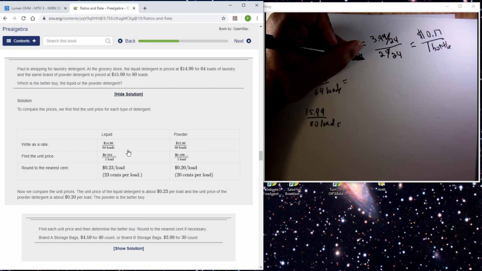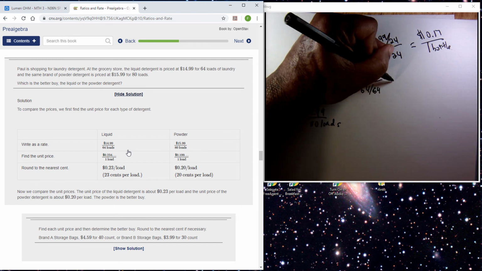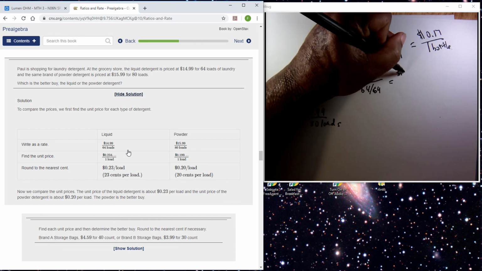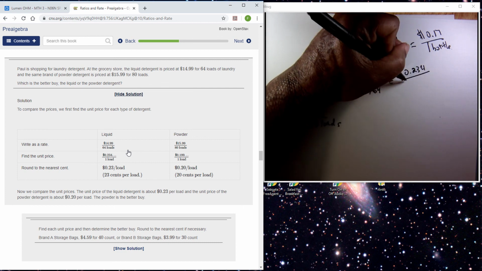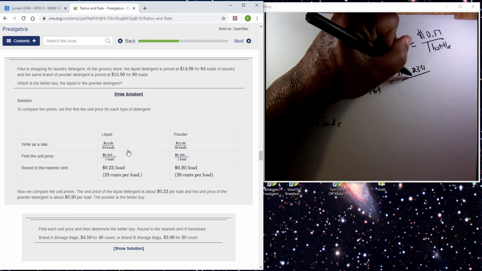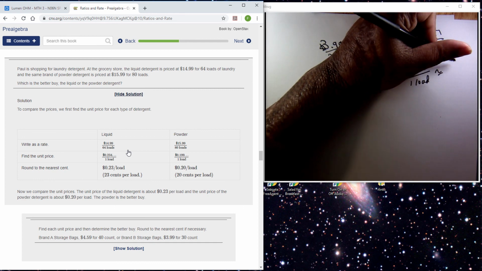To find the unit price on each, I divide both the numerator and denominator by the same thing. In this case, I'm dividing both by 64. And it gives me $0.23 per one load, approximately 23 cents a load.